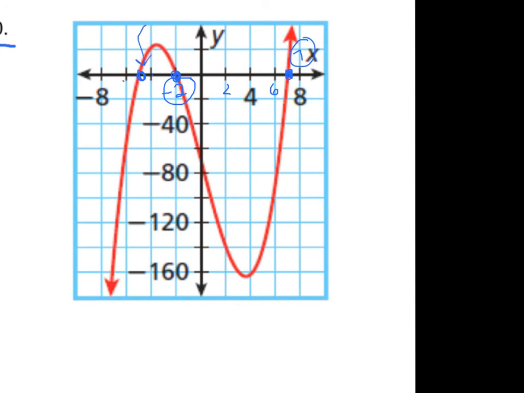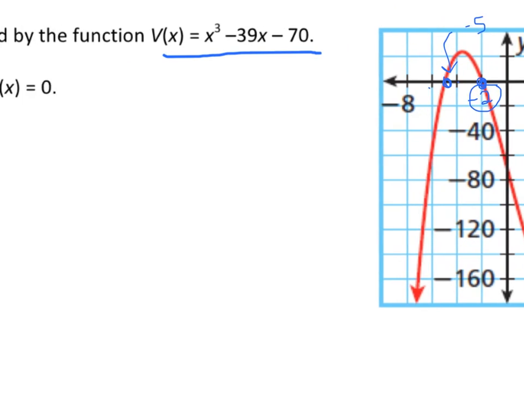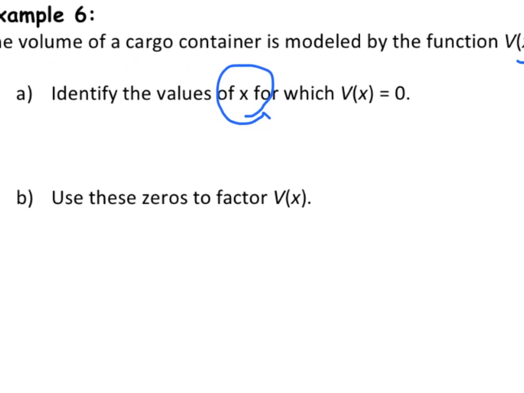So right there would be -5. So our answers are x equals, and we're going to write 3 separate ones for each of them. x equals -5, x equals -2, and x equals 7.